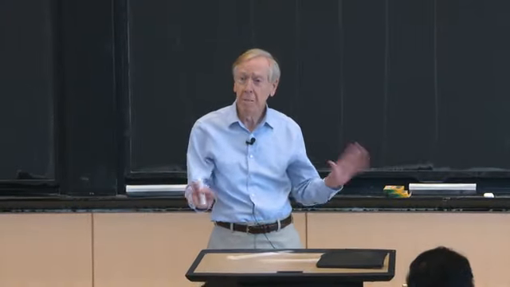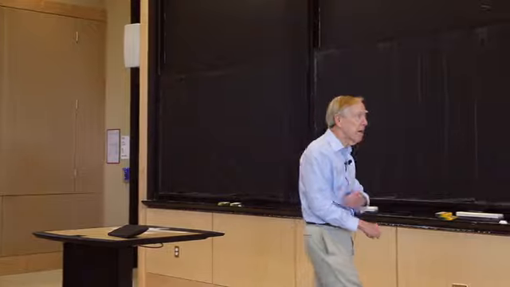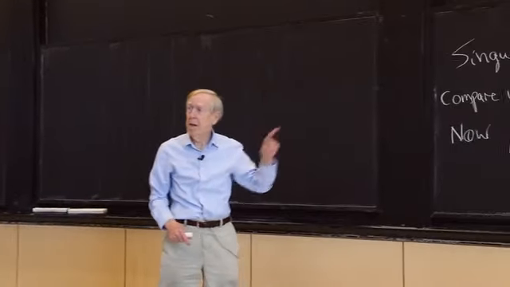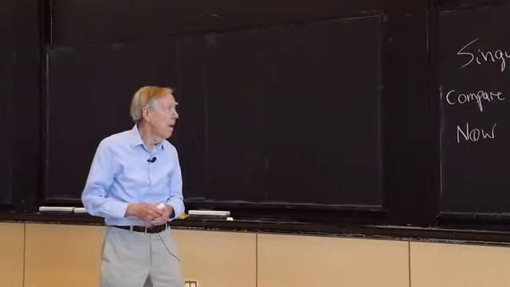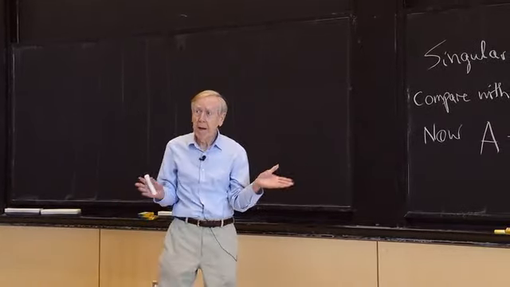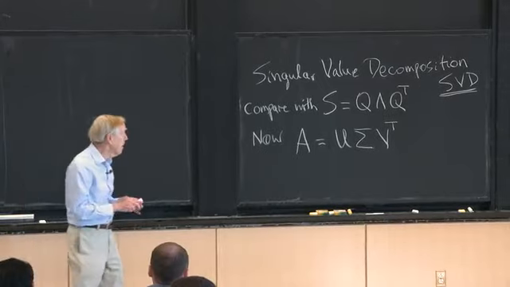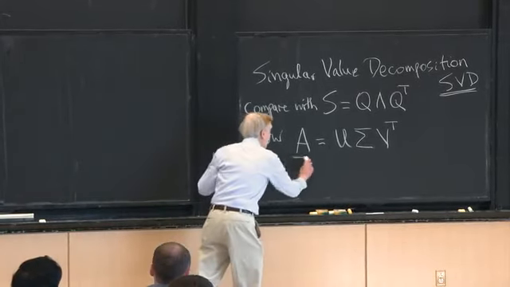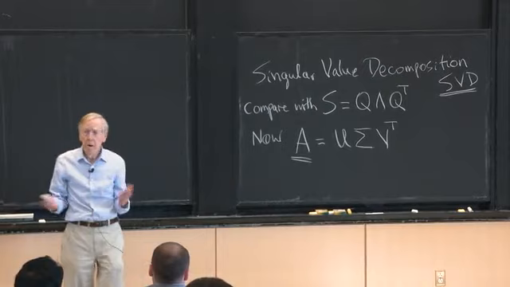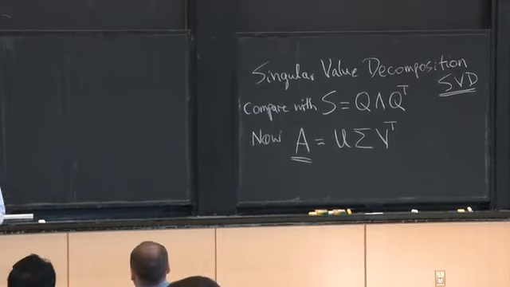So this is a big day, mathematically speaking, because we come to this key idea, which is a lot like eigenvalues, but different because the matrix A now is more usually rectangular.